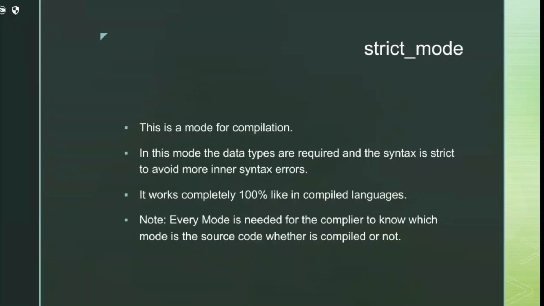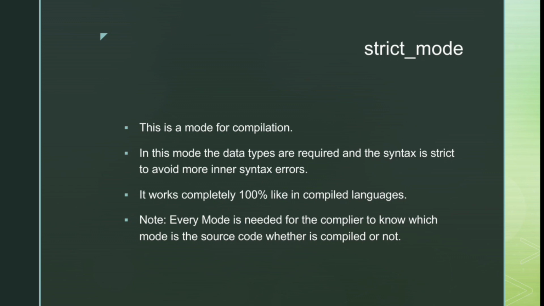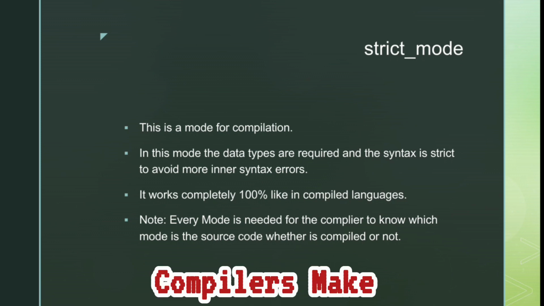Now we are going to begin with the strict mode. This mode is made for compilation, and we are going to see why. It is like a compiler mode, where the program is compiled to machine code, like how compilers do it.